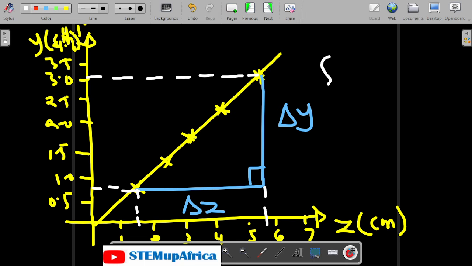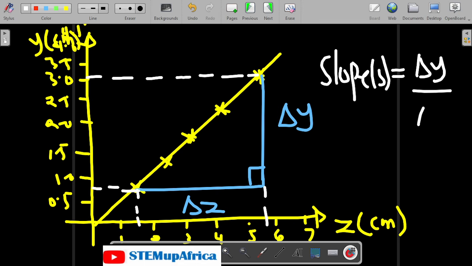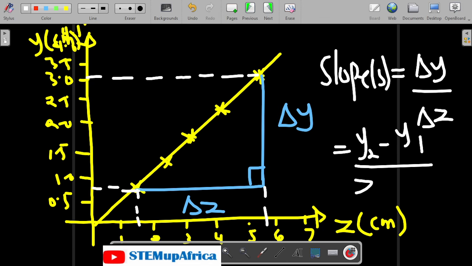So my slope x in this case will be the change in y over the change in z, which is y2 minus y1 over z2 minus z1. If you evaluate this slope, like I said earlier, everything has been done prior to now, so what you are seeing are perfect figures.